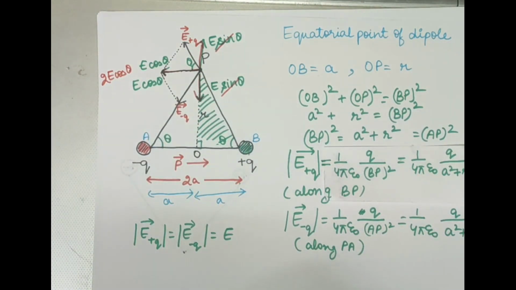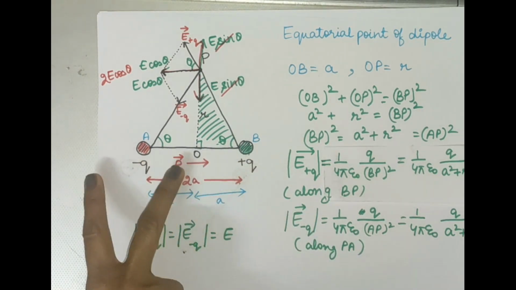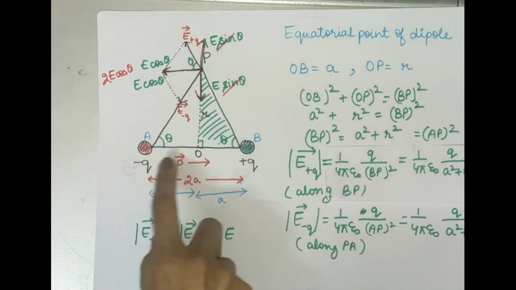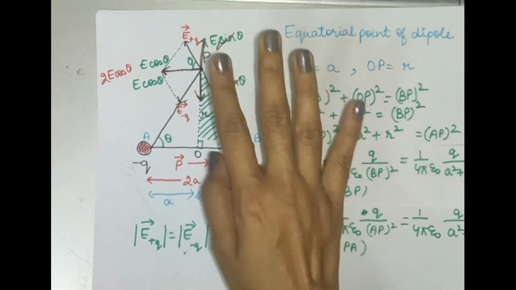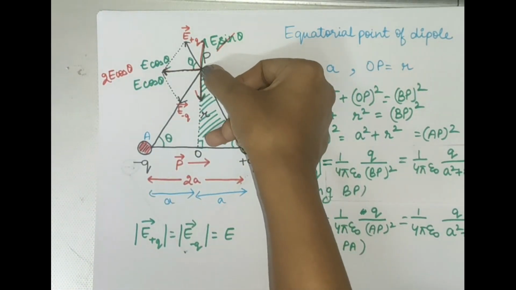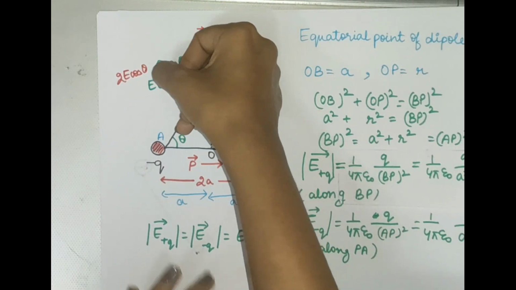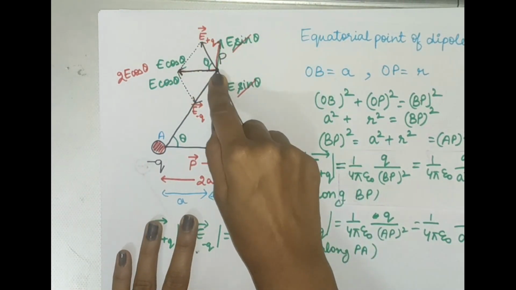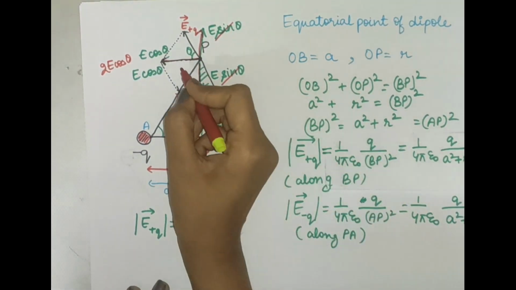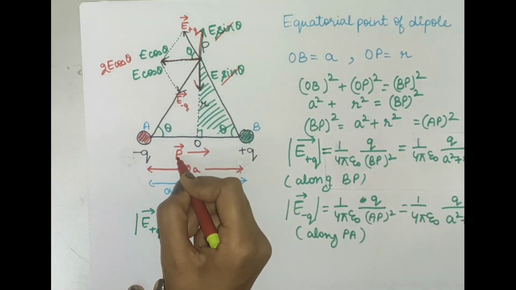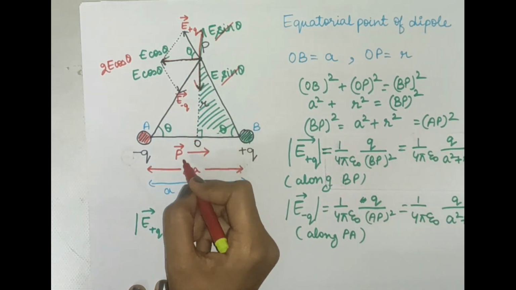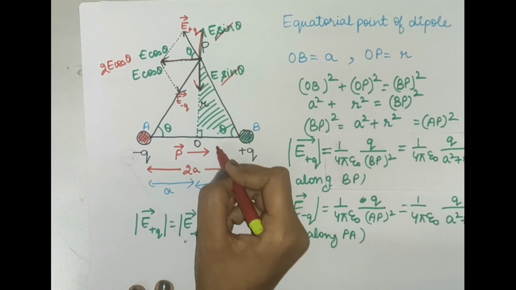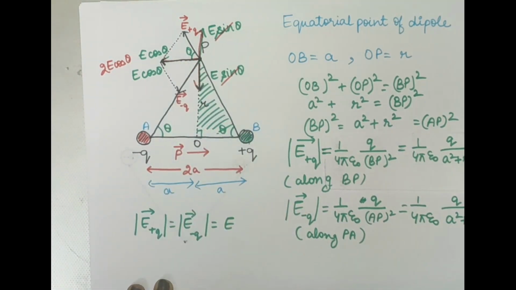So our net electric field due to this plus q charge and minus q charge, or due to this dipole, would be along this direction at point P. Now this direction is opposite to my direction of dipole moment. So if it is P cap in this direction, I'll have minus P cap in this direction.